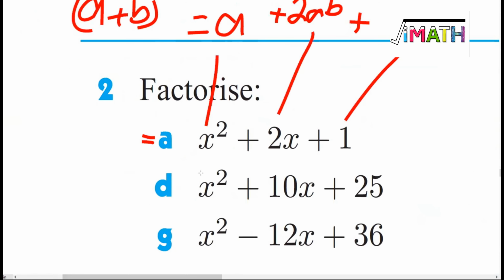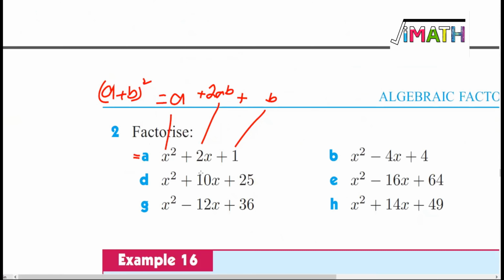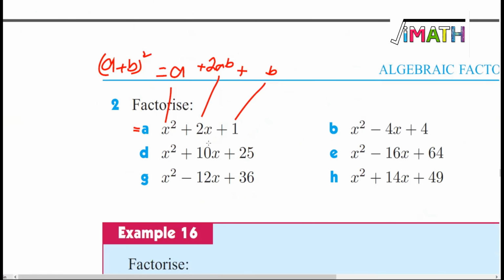What am I trying to find here? The a plus b whole squared. We already have the a and the b, so it would just be x plus 1 squared. Perfect.